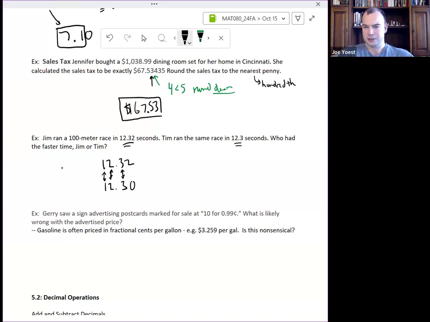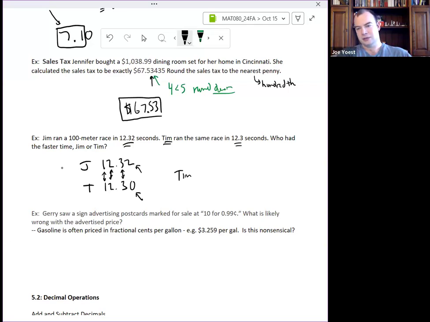Now the second guy, who's Tim, so T versus J. We're tied on the tens place, the ones place, and the tenths place. But in the hundredths place, Tim took 0 hundredths of seconds and Jim took 2 hundredths of a second.